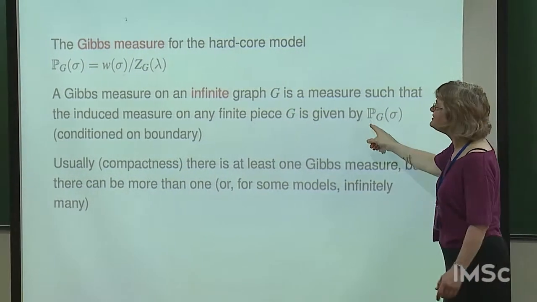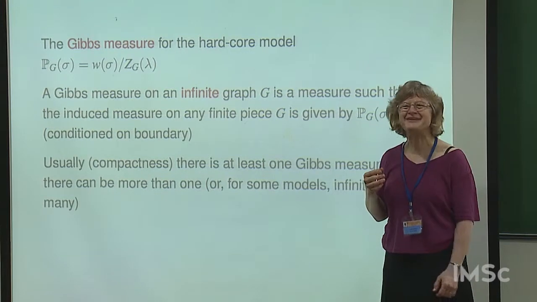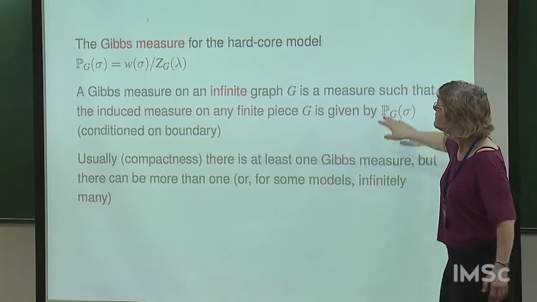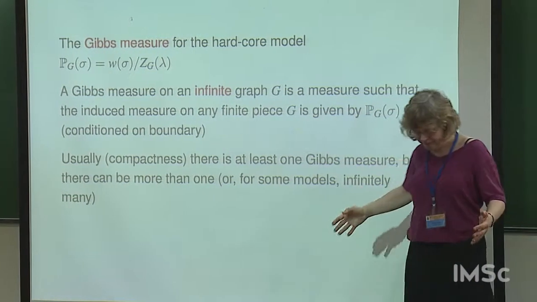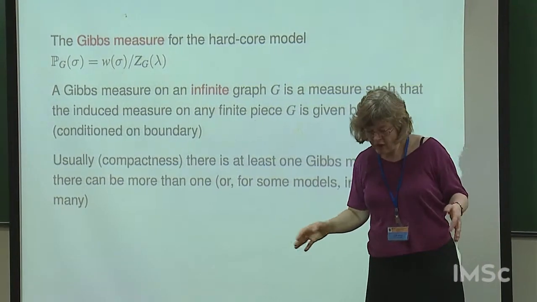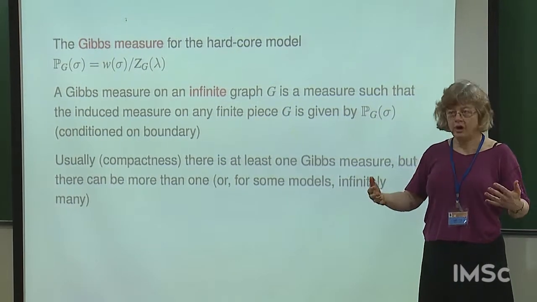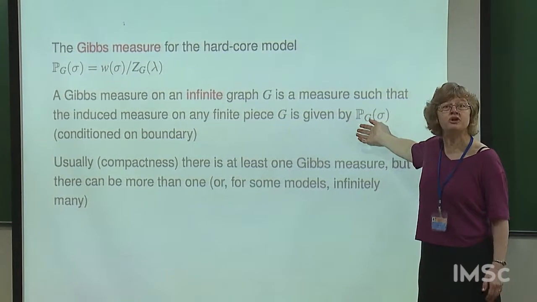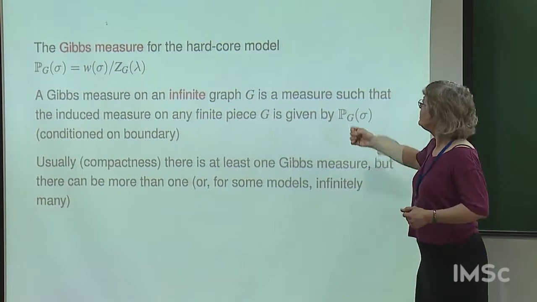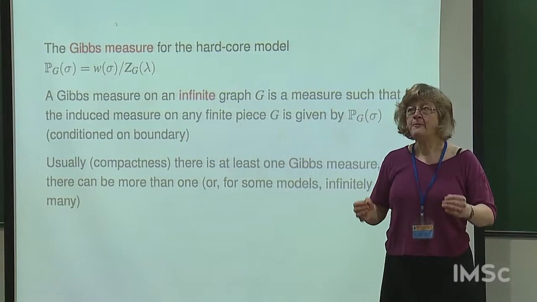Now I want to tell you what a Gibbs measure is on an infinite graph, and I don't want to do it formally, I just want to give you an idea. If I have an infinite graph and I've got the hardcore model, I can put a measure on configurations, which are just independent sets. It's a Gibbs measure if the following happens.